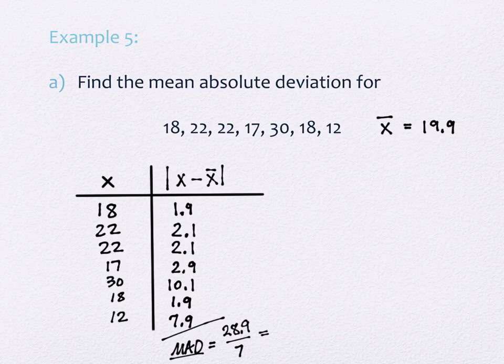And if you divide by 7, what will you have? 4.1. So this is saying that the average distance that the individual values are away from the mean is about 4. Right? It's about 4 away from your values that you were given.